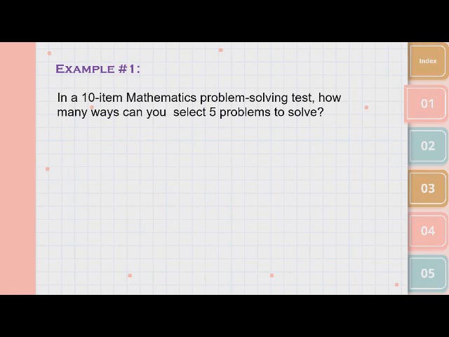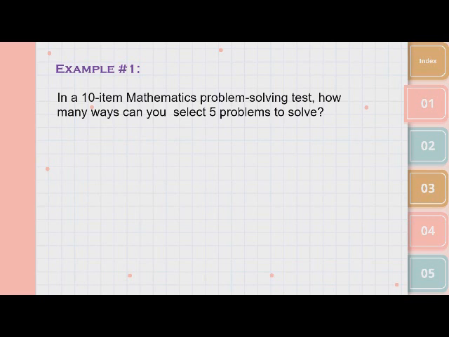For example, the first one: in a 10-item mathematics problem solving test, how many ways can you select 5 problems to solve? Here we are going to use combination. Why combination? Because if you select 5, 4, 3, 2, 1, or 1, 2, 3, 4, 5, or 3, 2, 1, 4, 5, you will just answer the same problems, so that is counted as only one way.